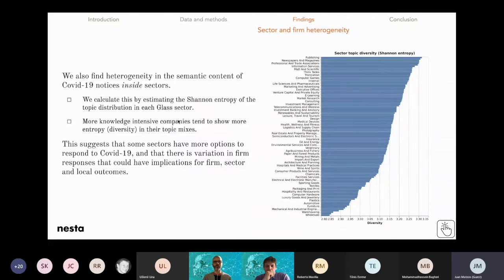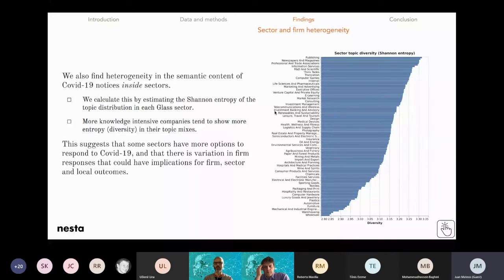What we find is that when we look at the composition of response of notices in different sectors, and how diverse that composition is based on measures of diversity, sectors that are more knowledge intensive tend to have more diversity in their responses.